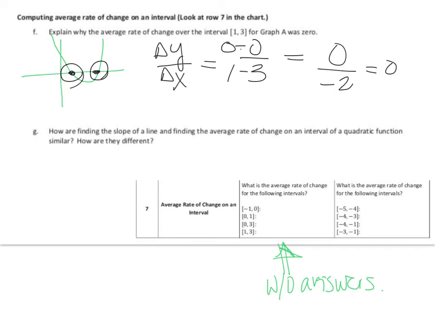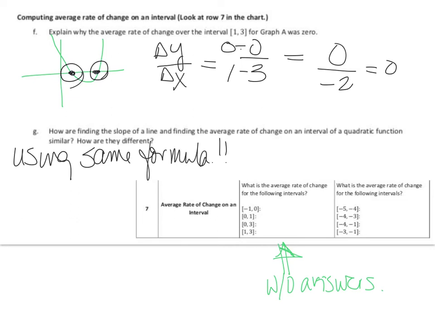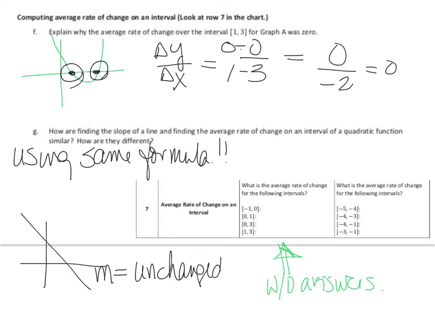How are finding the slope of a line and finding the average rate of change on an interval of a quadratic function similar? How are they different? You're using the same formula. The average rate of change is the same for every interval of a linear function. When you have a line, the slope is unchanged everywhere on that line.